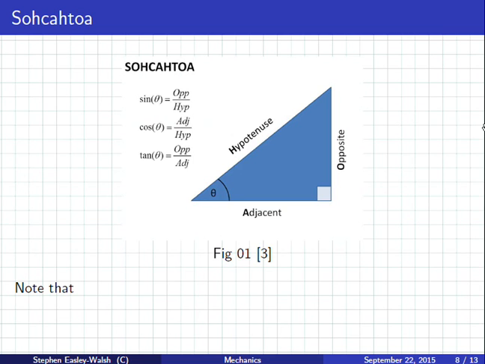Now, you know these, yeah? We have sine, cos, tan, and these are the formulas for sine, cos, tan. Again, I will talk about this in math class, and I hope you did this in middle school. We are just going to go through it very quickly, but please write the three formulas down: sine, cos, tan.